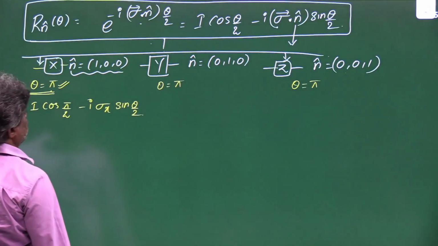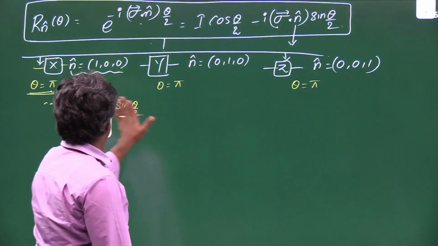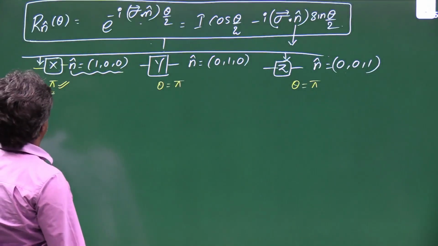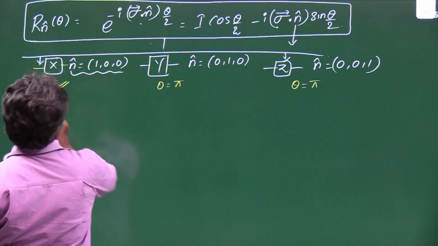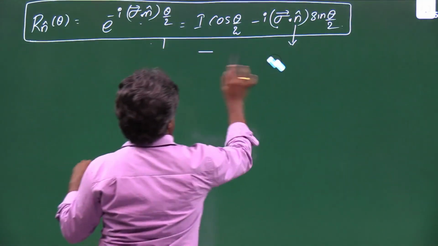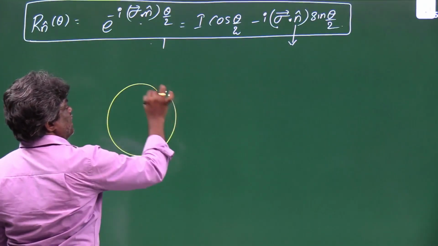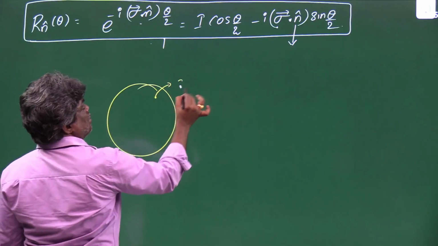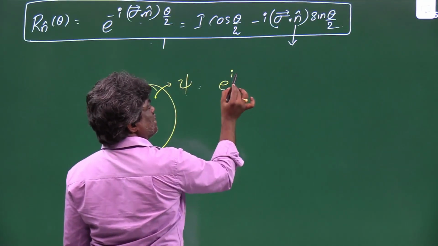One more small thing, we have to add one global phase. In yesterday's derivation I explained it like this: we have a quantum bit, and if you remember, I wrote e raised to i gamma.